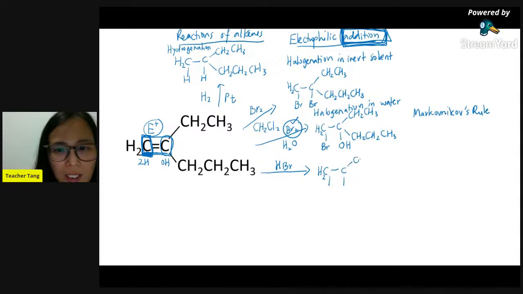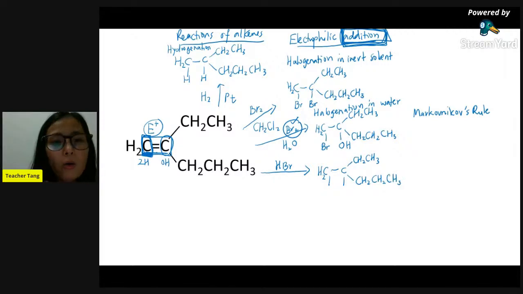The rest is not affected, we just need to copy. And then we have seen this, also the product forms. So how to form the product? Again, it will form according to Markovnikov's rule.